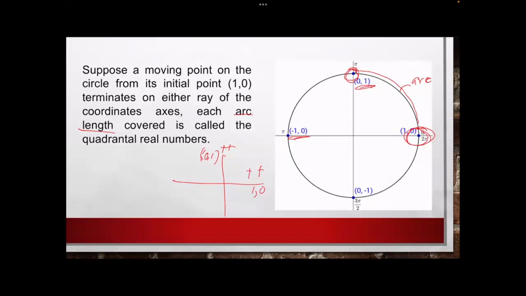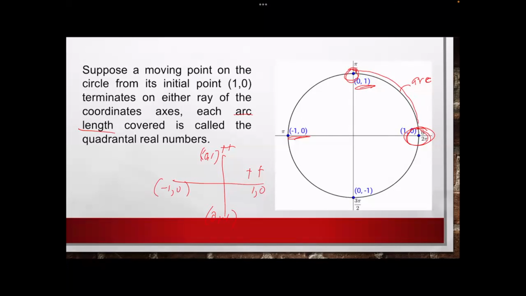Tapos dito, negative 1 and 0 kasi nasa negative axis siya. Tapos dito, 0 and negative 1 kasi nasa negative y-axis siya. It's positive, negative, positive, negative.